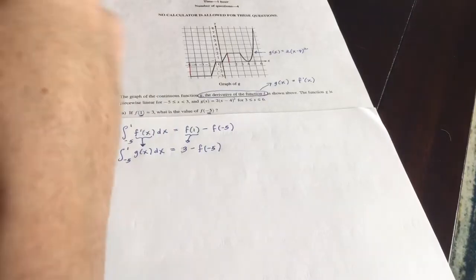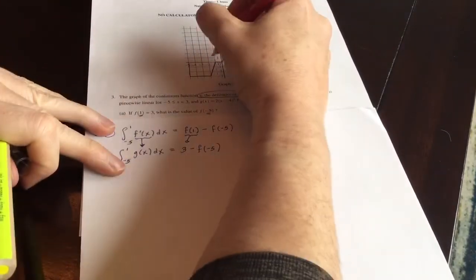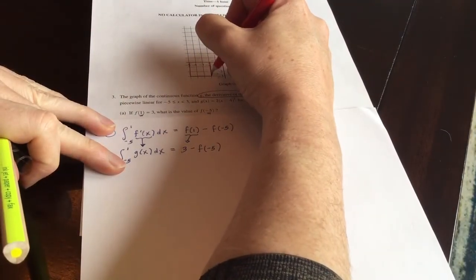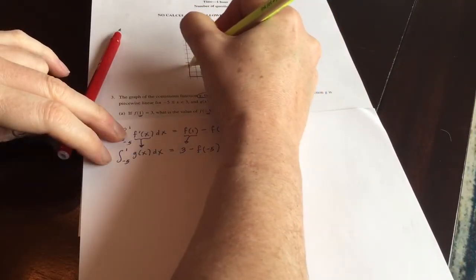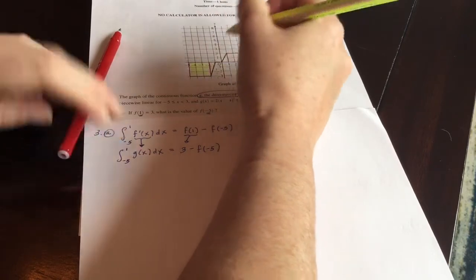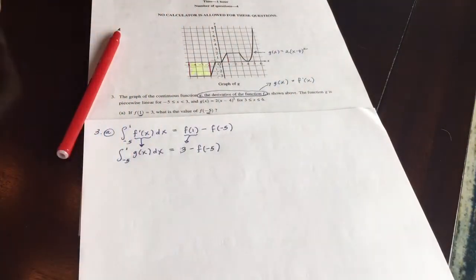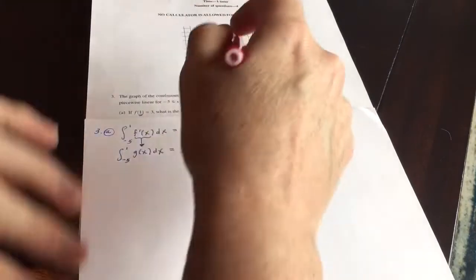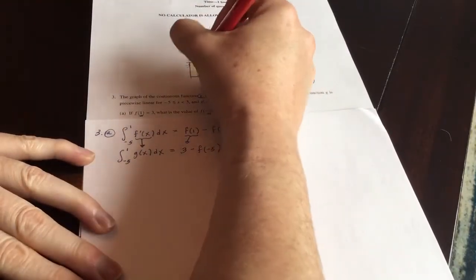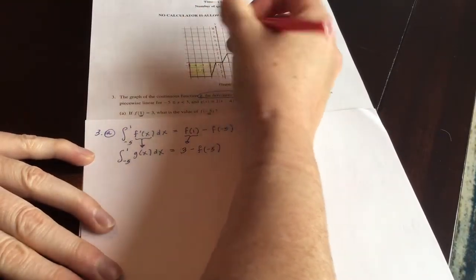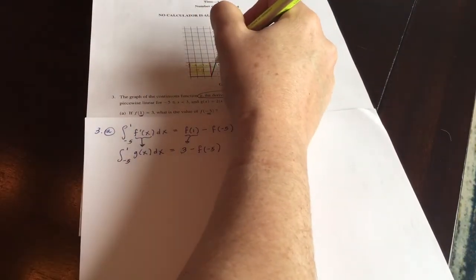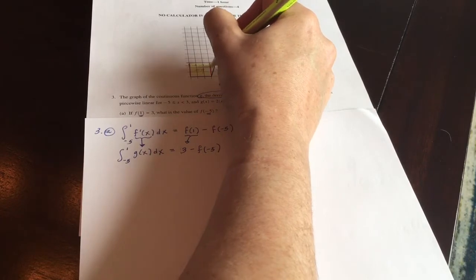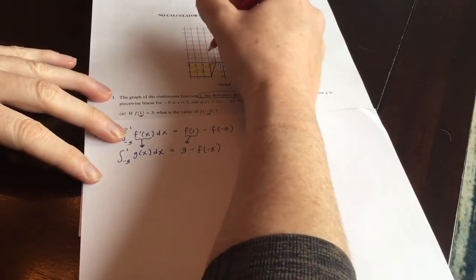Let's do that. I'm going to break it into a couple pieces. We've got this little square here, which looks like a 3 by 3, so it would have an area of 9, but it's underneath the x-axis, so you'd have an integral value of -9 for that part. Then this little triangle is a 3 by 1, so 3 times 1 divided by 2, so you've got a -1.5 there.